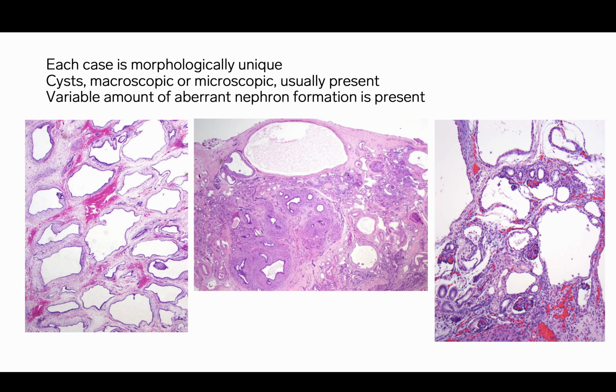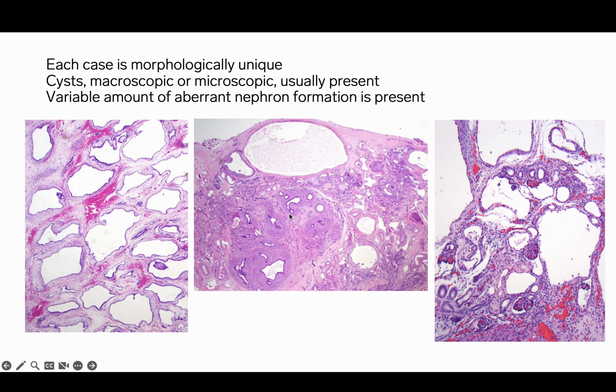Now, each case of dysplasia is morphologically unique, so I have 3 images here just to demonstrate the variety. The one on the left shows a number of moderately sized cysts with very little intervening metanephric tissue, just a few immature ducts.